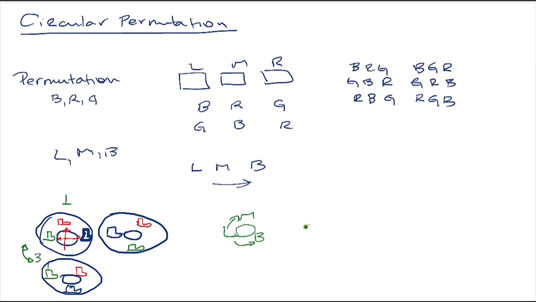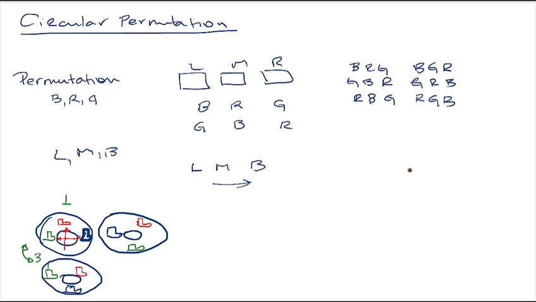So this could be equal to, let's see, L, M, and B. So I'm still seeing Brian to the left and Michael to the right. Okay. All right. So the circular permutation, when we're talking about linear permutation or the original permutation, we saw that linear permutations are like this.